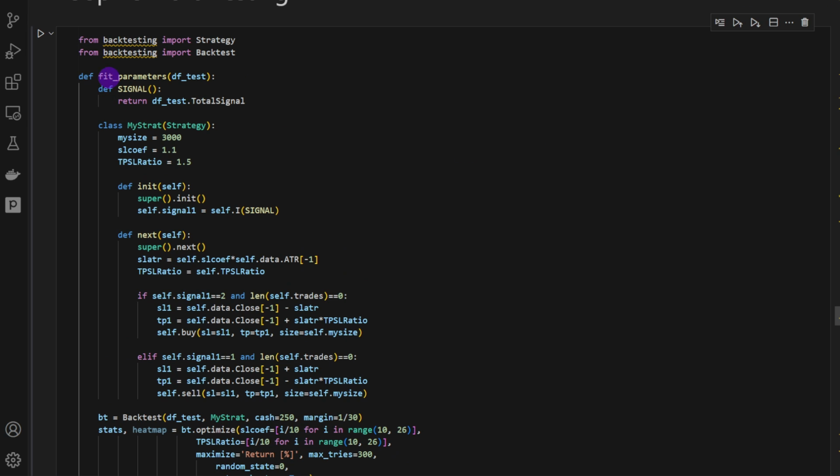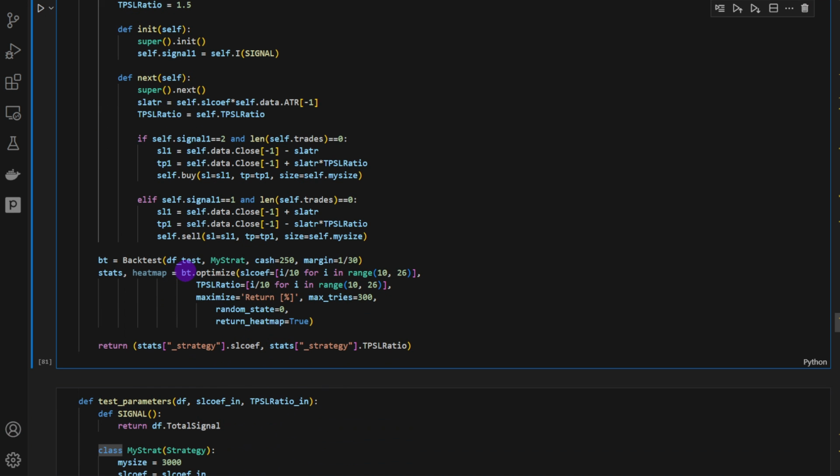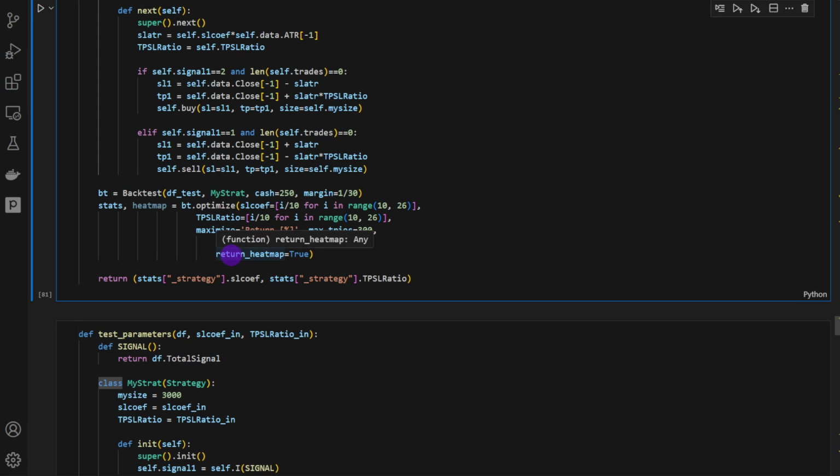This function called fit_parameters takes a data frame that we're calling the data frame test. So we're defining the signal function again. It's a local function now. It will return the data frame test.total signal. And then we define the myStrategy class. All the same. We are optimizing inside of the function.